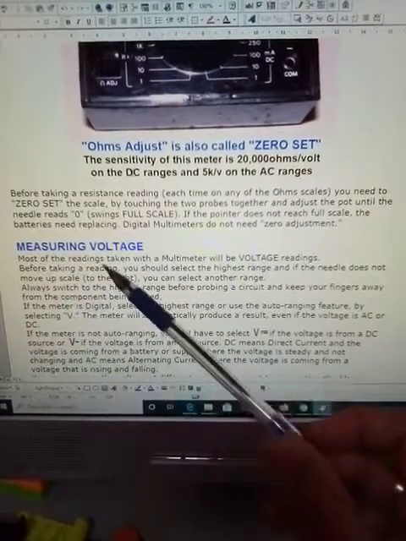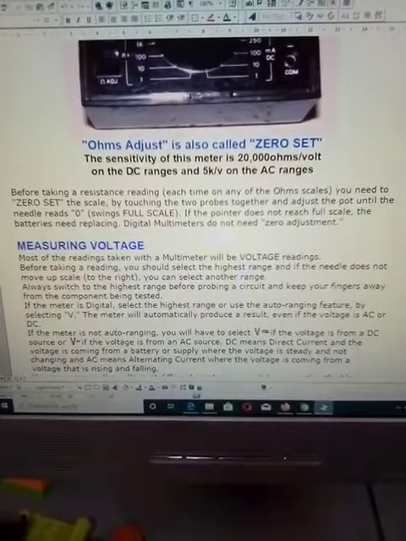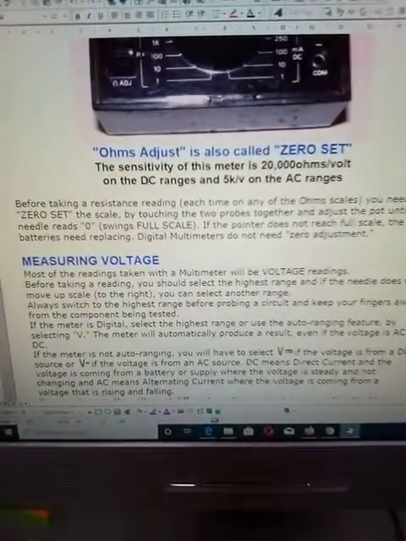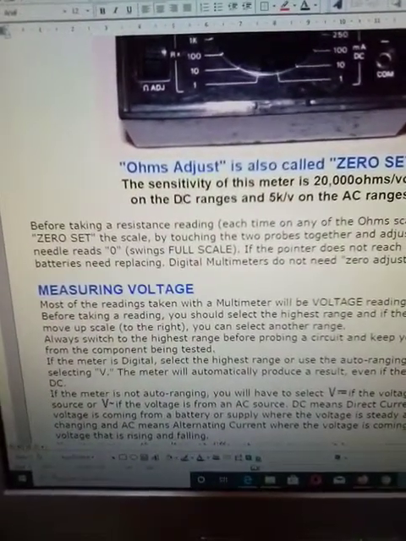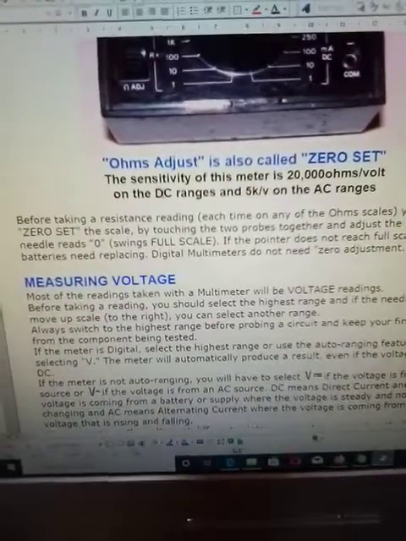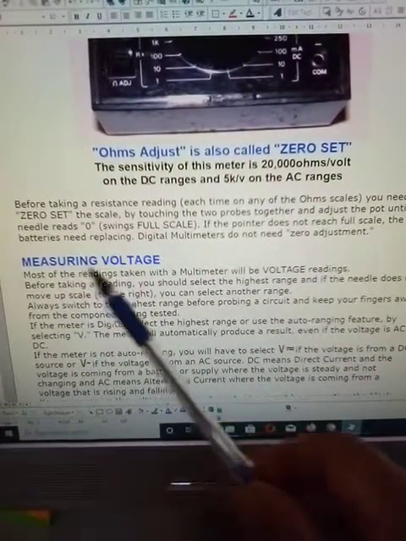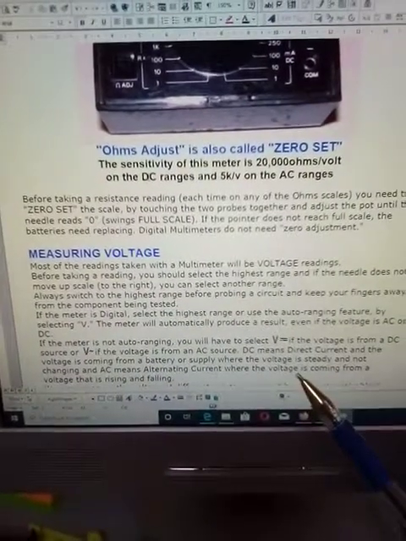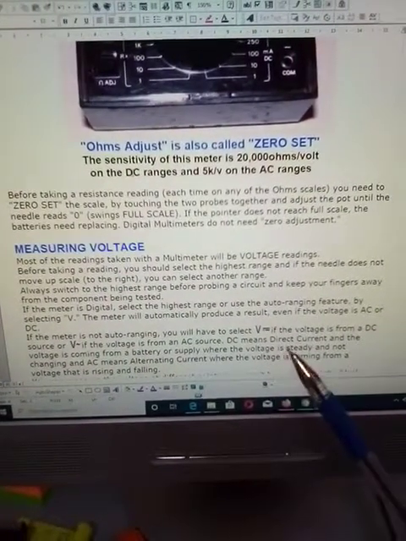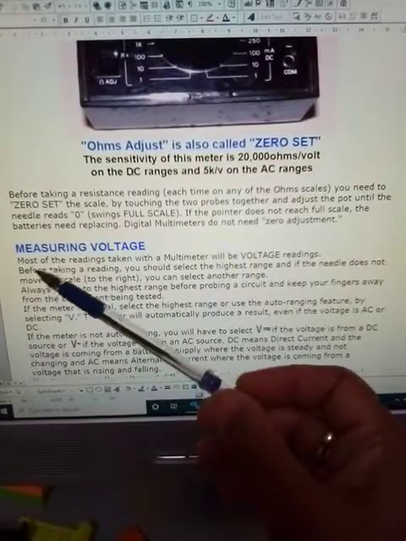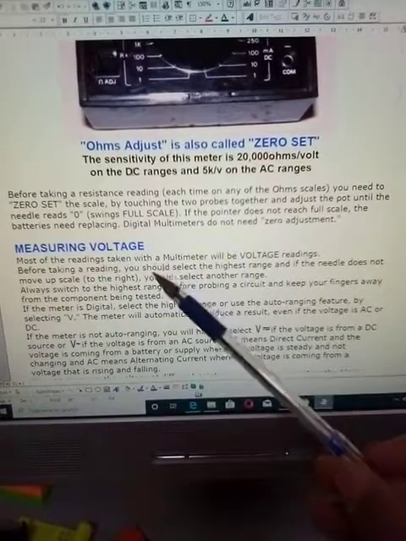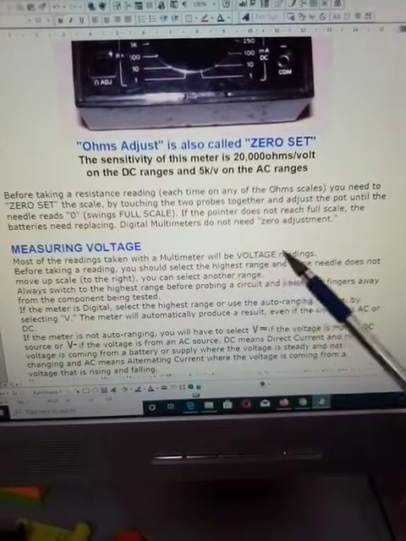Now, measuring voltage. Let me just pan out a little bit so we can get it all in. Now, most of the readings taken with a multimeter will be voltage readings.